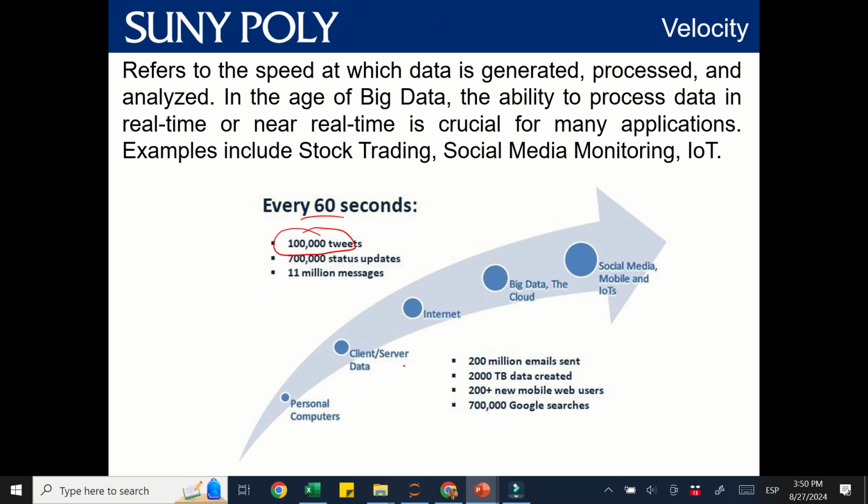So what we'll see is that's a trend. The rate at which we are creating data is increasing, and that's a huge challenge, because if you want to make decisions with the data, you have to be able to get that data in real time. You should be able to process it right away to make a decision. In the past, for example, let's talk about Walmart and Target.